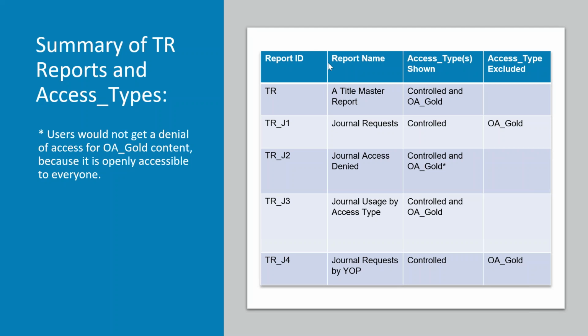And indeed, I think if you did see that cropping up, OA Gold, in the access type of the TRJ2 report, you might want to have a discussion with the publisher or vendor to ask them what was going on there. But anyway, hopefully that wouldn't happen, and all would be well.